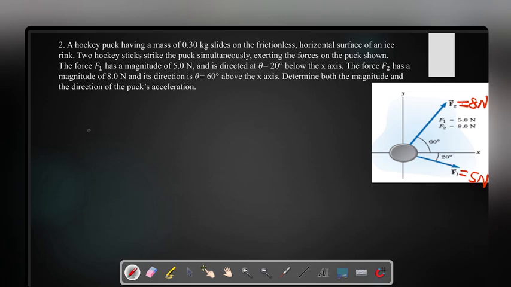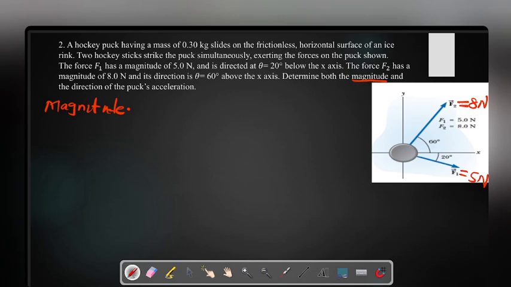So first, we're going to find the magnitude of the puck's acceleration.